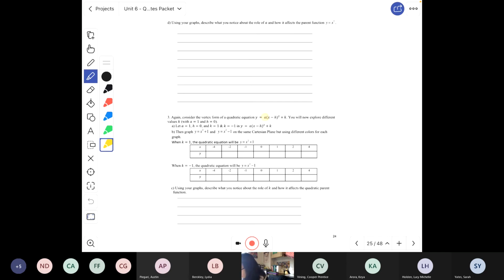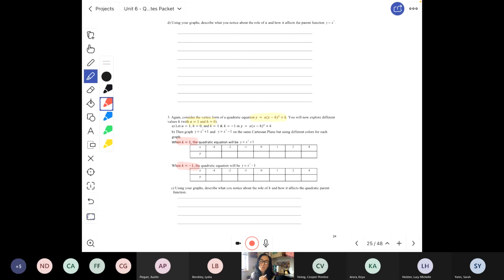Then we're going to look at the quadratic equation in vertex form, and this time we're going to let A equal 1 and H equal 0, and we're going to play with different values of K. Populate the tables, graph both of them in Desmos, and maybe draw conclusions on what K does.